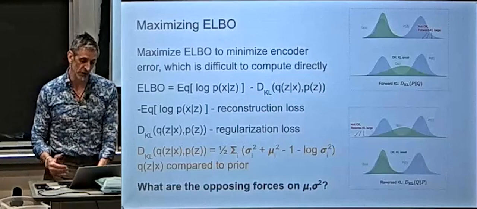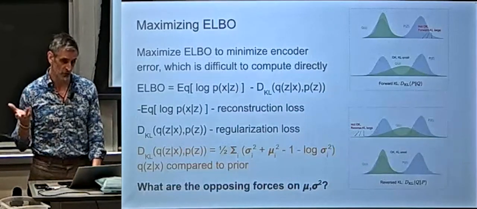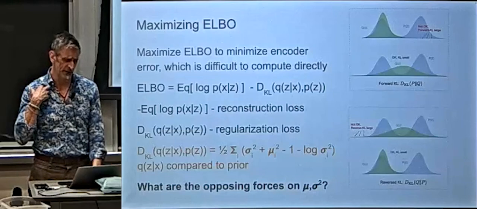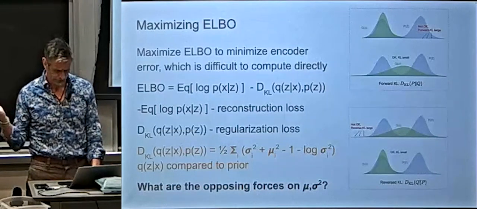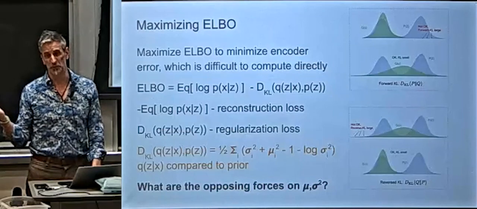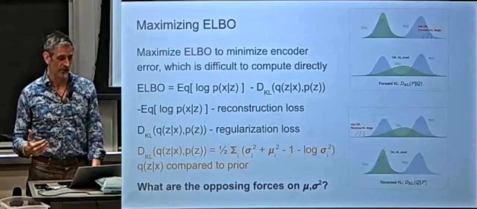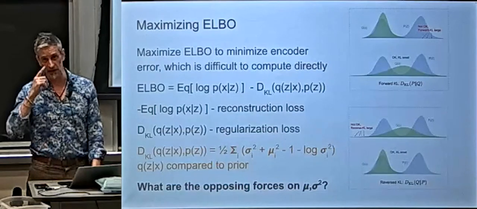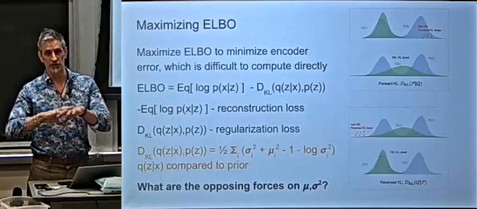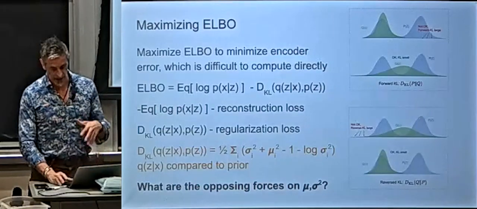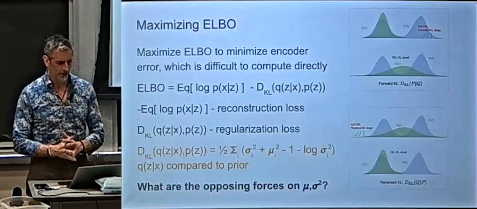One of which we can think of as our reconstruction loss. So we've got this point in our latent space. How probable is the data we want to see? That's really straightforward. That's what we would be doing in a regular autoencoder anyway. And now we have this additional loss, which says, hey, I wanted all the points in my latent space to be distributed as a Gaussian around the origin.